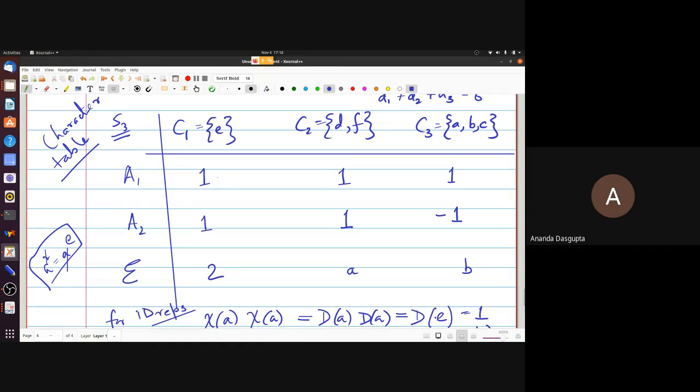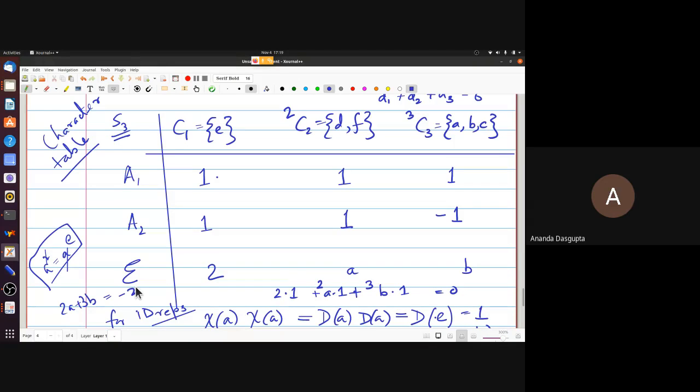So the orthogonality is 2 times 1 plus twice A times 1 plus 3 times B times 1 is 0. Right? Because there are 2 elements here and 3 elements here. Is that okay? So what you end up with is 2A plus 3B equals -2.